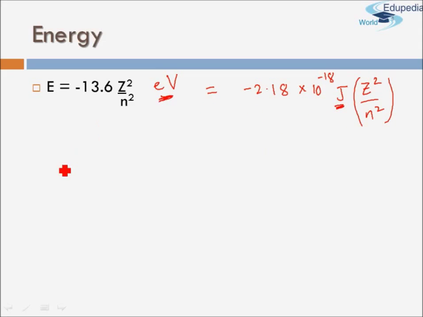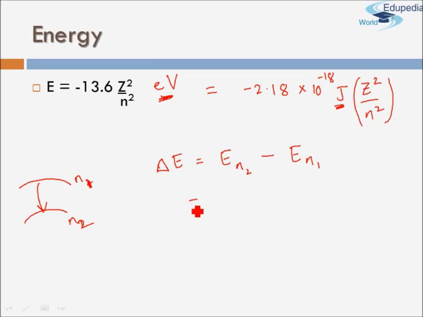If the electron jumps from orbit n1 to orbit n2, what is the energy difference, the energy emitted by the electron? It is the final energy, that is the energy of orbit n2, minus the initial energy, that is the energy of orbit n1.